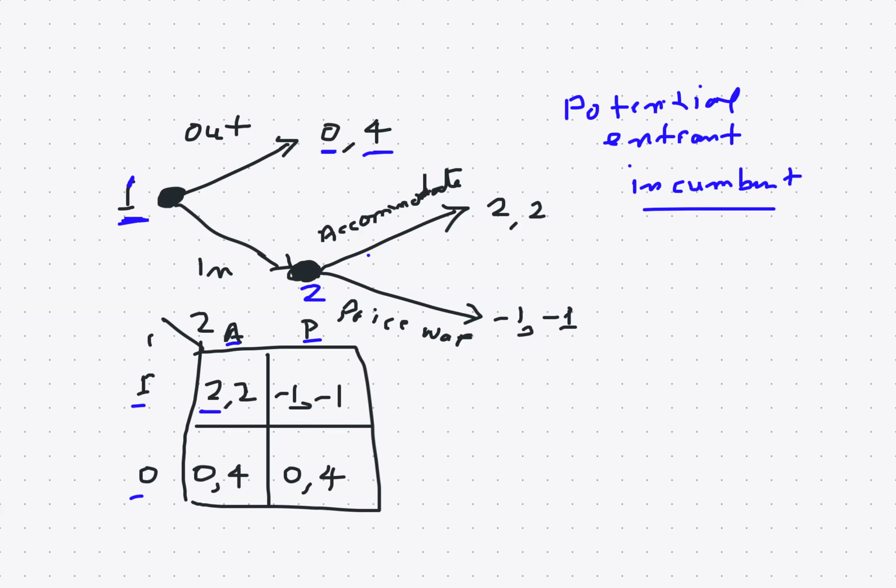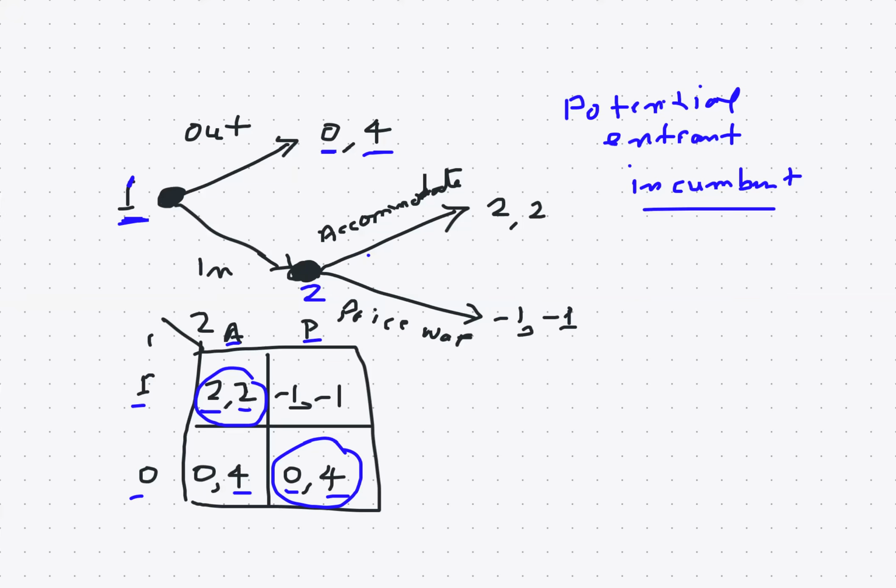Similarly, if player one chooses to move in, then player two's best response is to accommodate. And if player one chooses to stay out, there's a tie here, so both of these are best responses. Clearly the best responses match here and here, and they are the Nash equilibria of this game. So there are multiple Nash equilibria here.